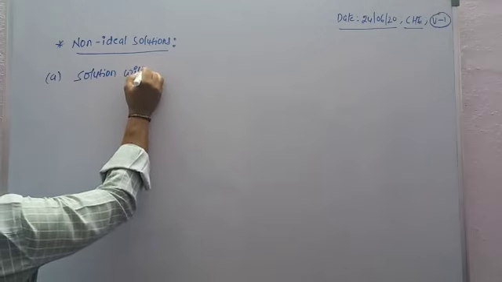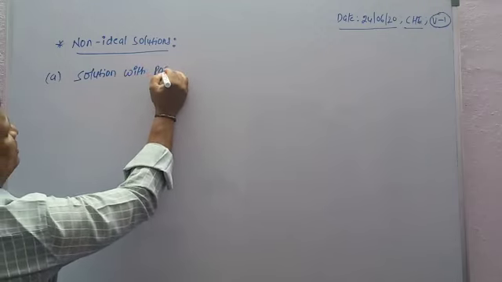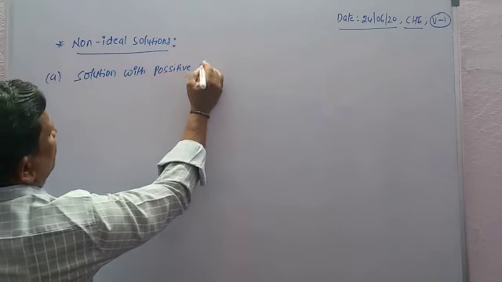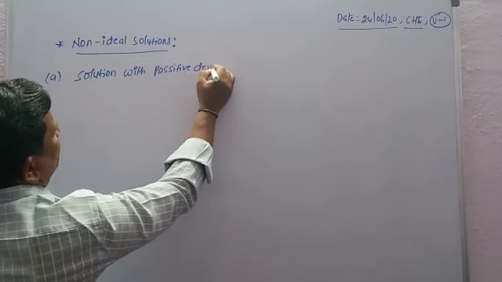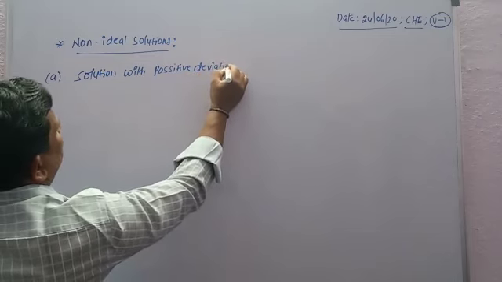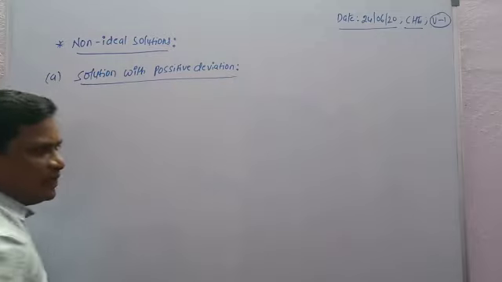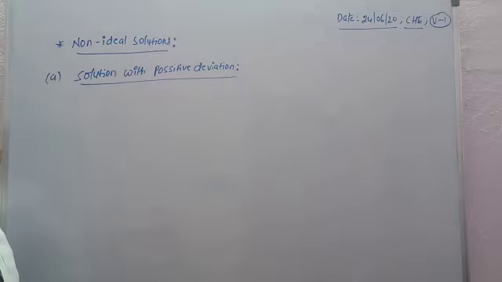For example, let us consider a solution with two components, solute and solvent. For example, the solute is B and the solvent is A.